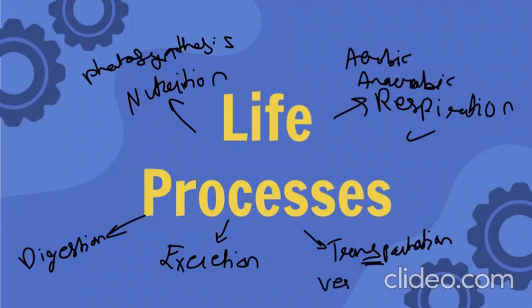Next comes transportation. Transportation means all the vessels. Correct. Your heart, isn't it? Your heart, vessels, everything is transportation only. From the heart, the blood is pumping. This part is very important, because I told you in the transportation lecture that the heart has four chambers.